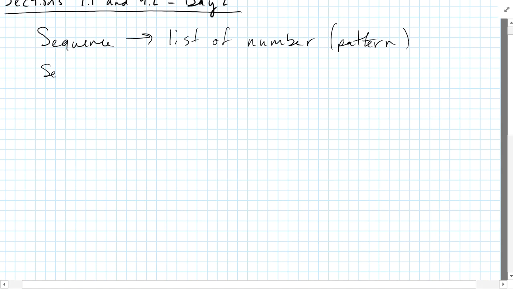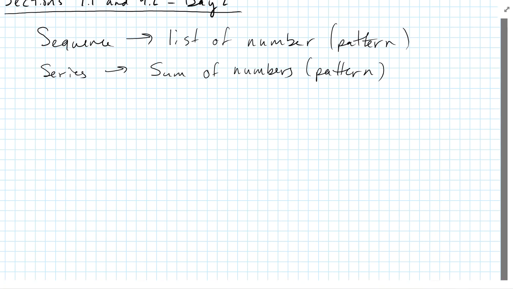And then a series is a sum of numbers. Well, they also have a pattern. So basically, you take a sequence and you sum up all the terms, and that's a series.